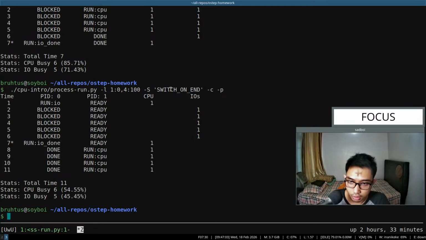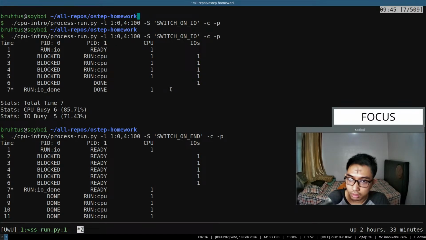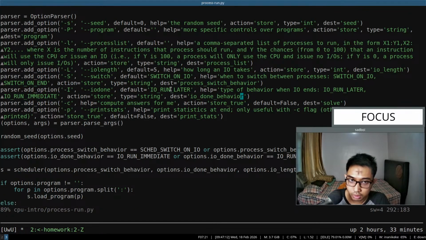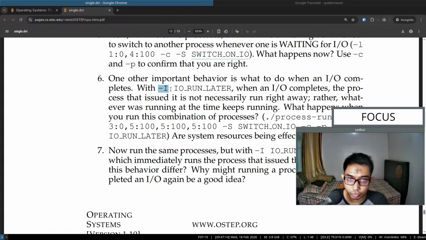Input-output run later. Okay, run later. Input-output run later. When an input-output completes, the process that issued it is not necessarily run right away.